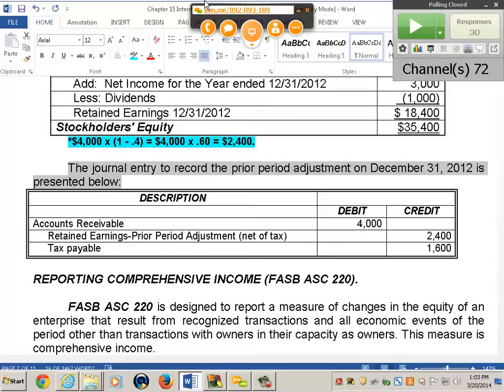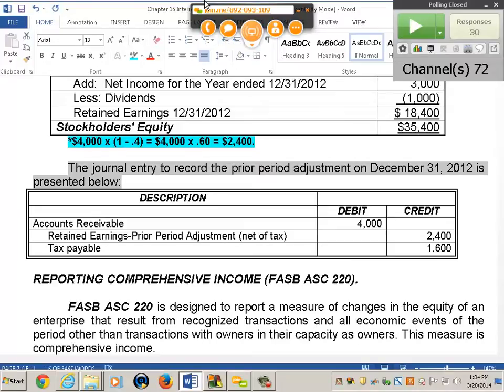So all that's left is the debit to sales, the credit to tax payable, and the credit to retained earnings. So all you do with the correcting entry is to recreate what would have been done in 2007 had you not made the error. And the same effects get reflected into the financial statements. Exactly the same.